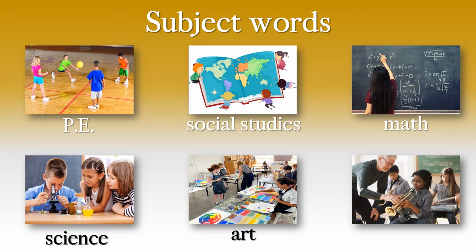And the last one. Now this teacher is showing this student how to play a trumpet. I can see a girl with a flute, another boy with a saxophone at the back. What is this subject called? Music. Okay, these are our 6 subject words that we must know from unit number 7.